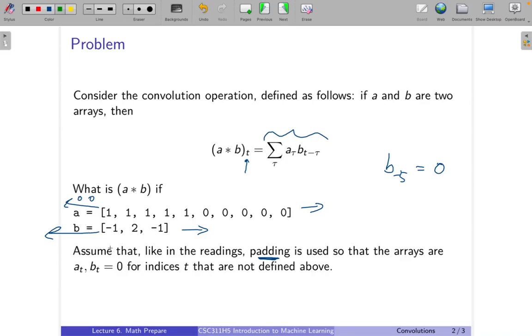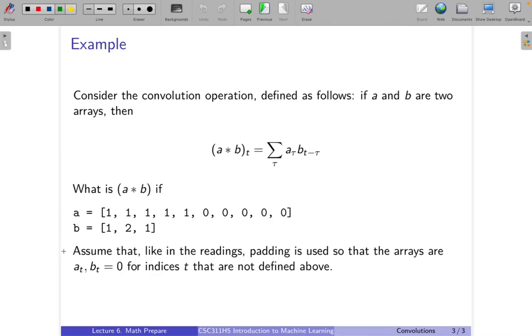As an example, I'm going to change the value of B and solve a similar problem. So what is A convolved with B if we have these choices for A and B? I'll write down A convolved with B here. We also have to define a convention for what the first index here is.